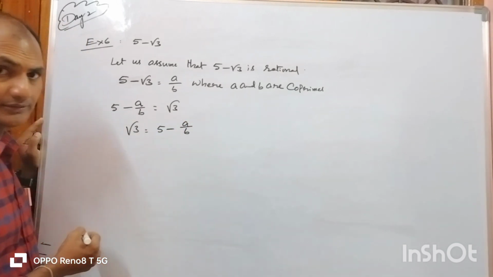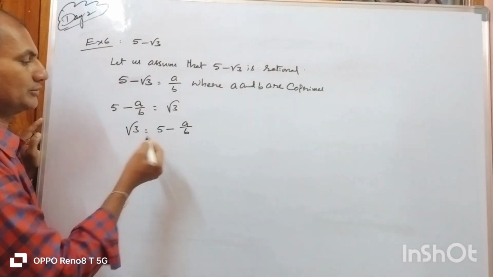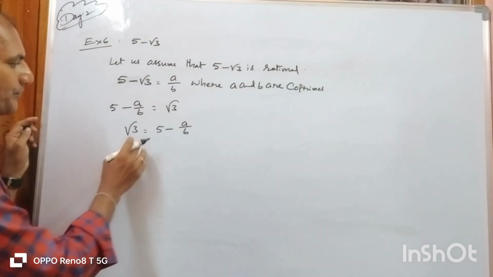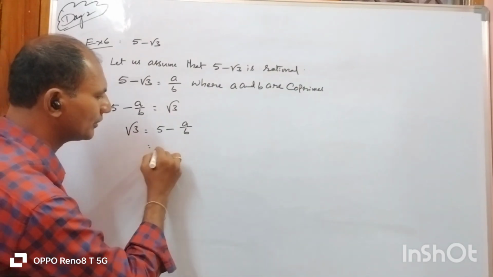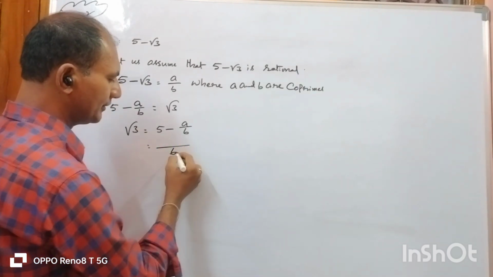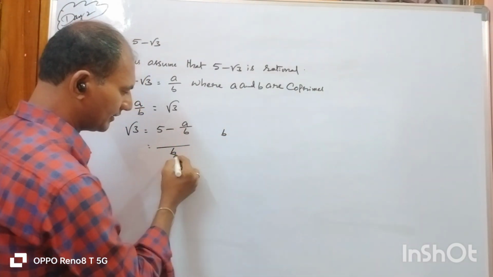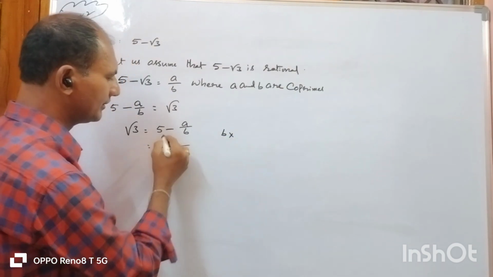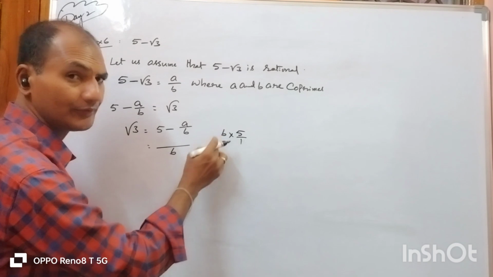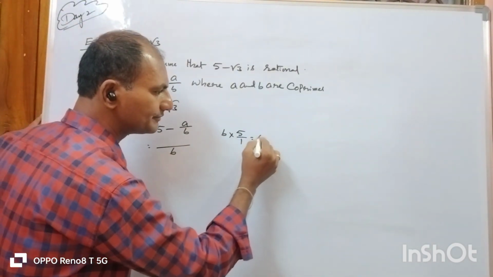No sign change, nothing, just RHS and LHS swapped. That equals, what is the LCM? Here b. So b into the first fraction, 5 by 1, 5 into b, 5b.